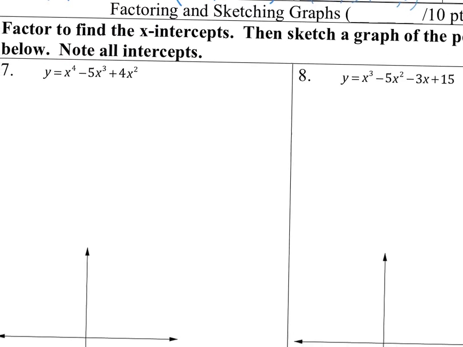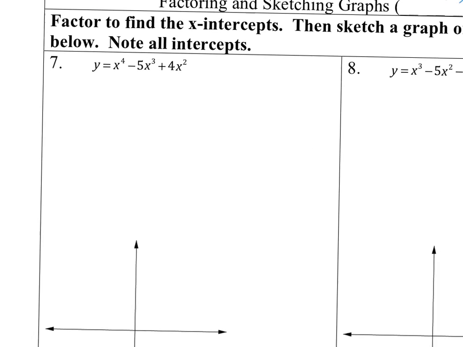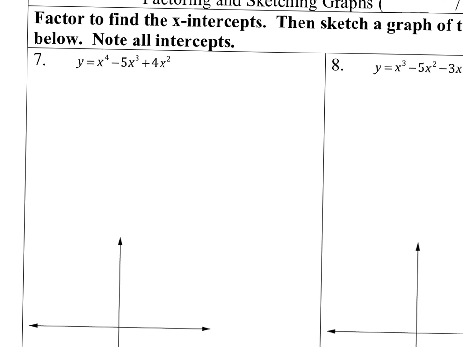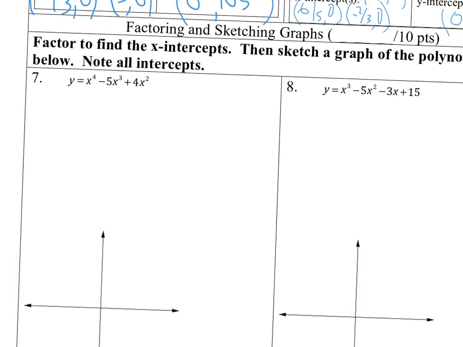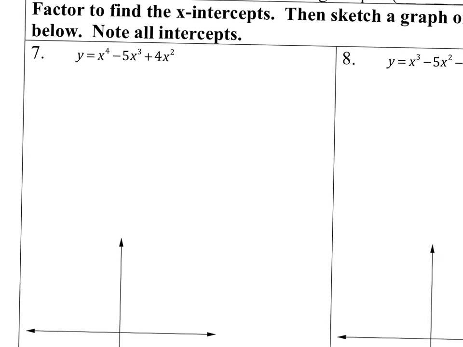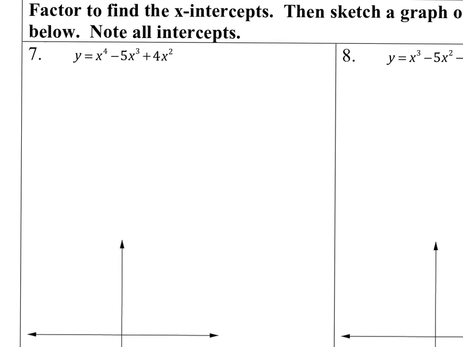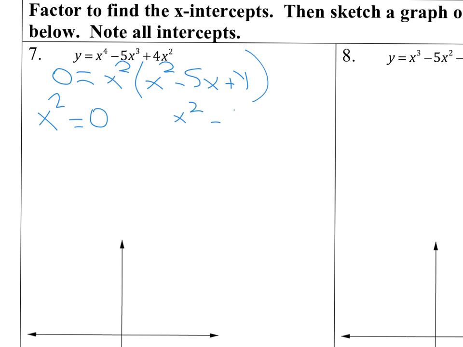Next one. Factor to find x-intercepts, sketch a graph. Note all intercepts. Got it. So if I'm factoring to solve for the x-intercepts, I can take an x squared out. Note, I made y equal to 0. Then I have x squared minus 5x plus 4. So then I'll have x squared equals 0, and x squared minus 5x plus 4 equals 0.